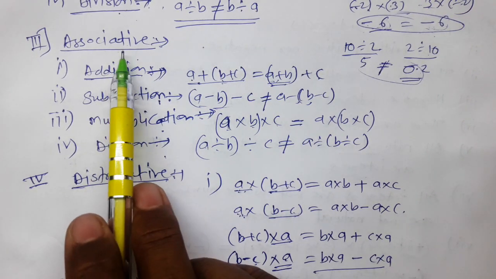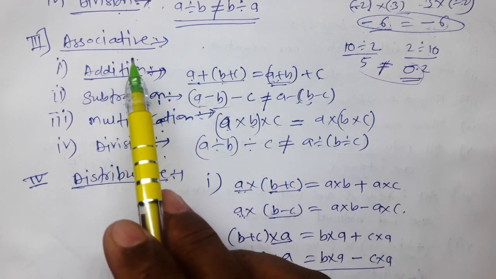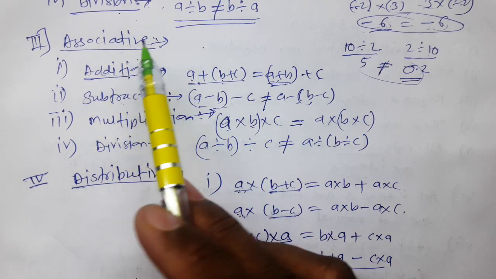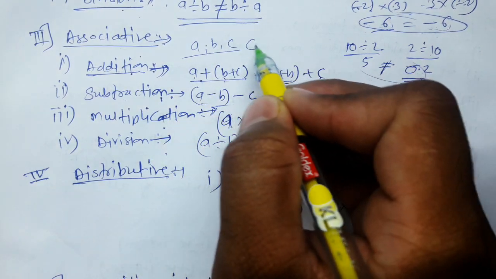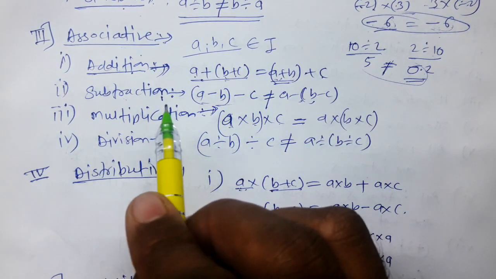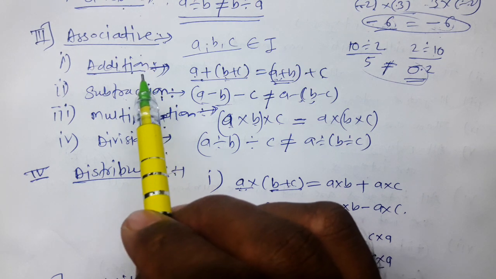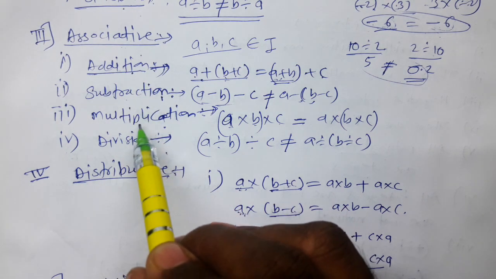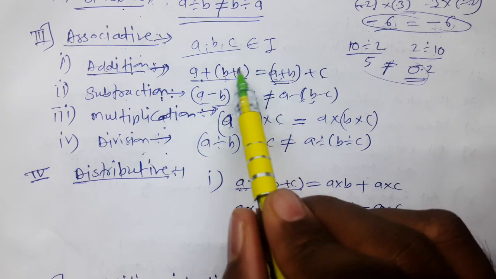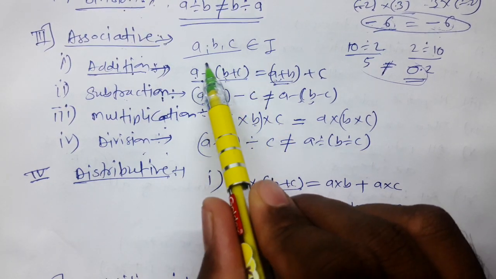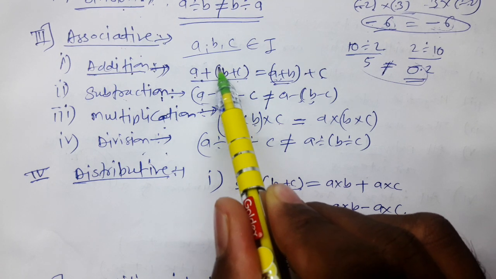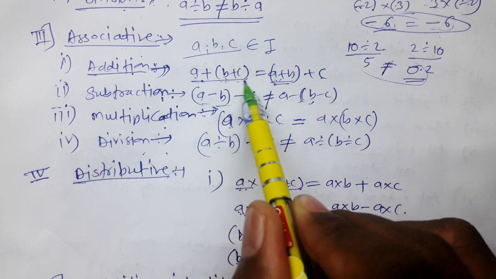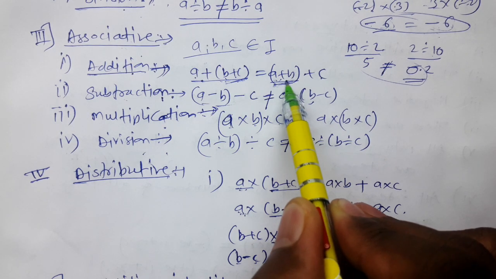Next law is the associative law. For associative, we should take 3 integers. Suppose a, b, c are the integers, and there are 4 operations: addition, subtraction, multiplication and division. If we have to add these 3 numbers, a plus b plus c, then by changing the place of the bracket, we have to perform the addition.